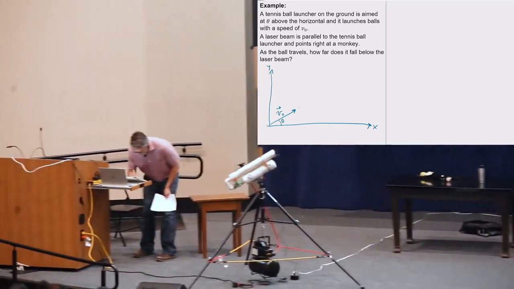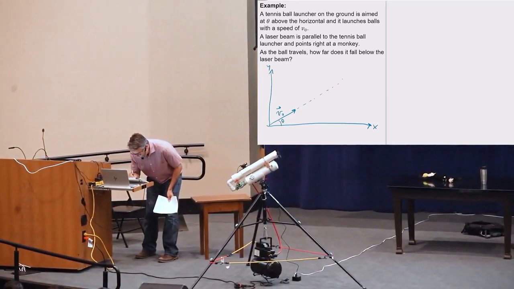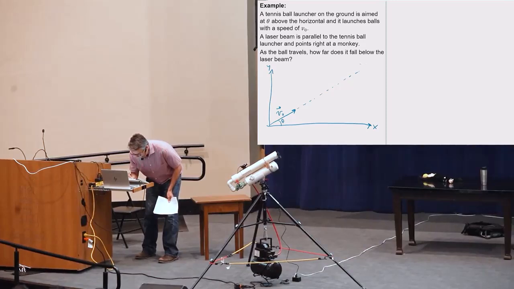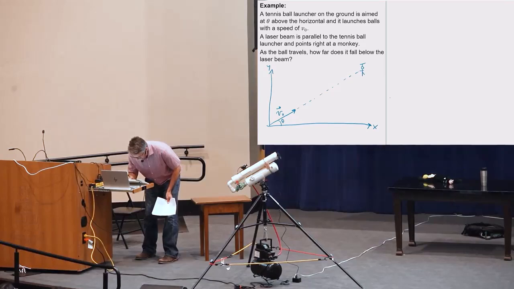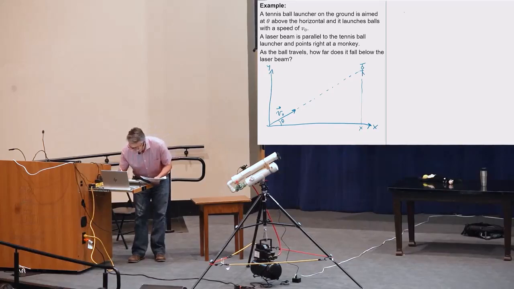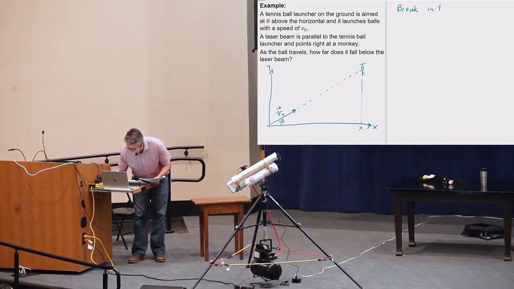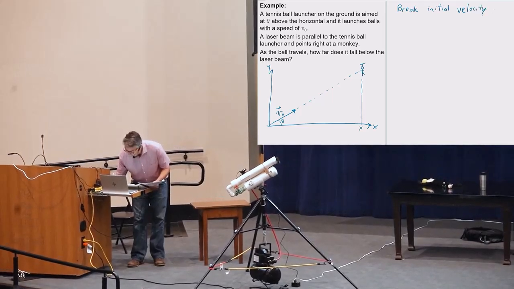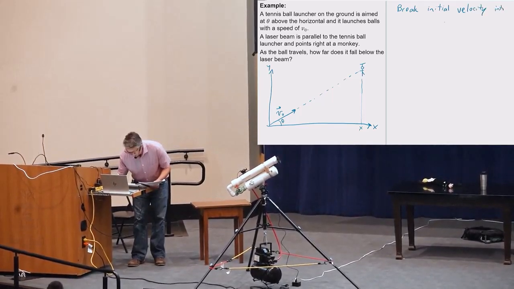And there's a laser pointer which is shooting in a straight line up at this poor little guy up here, the monkey. And so he's at some position x, some final position. So what you do is you break the initial velocity into its components.